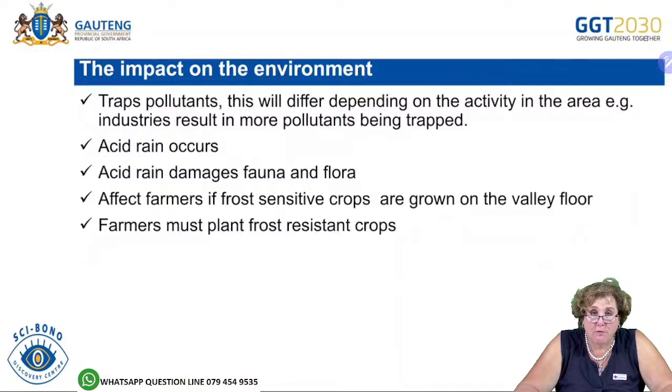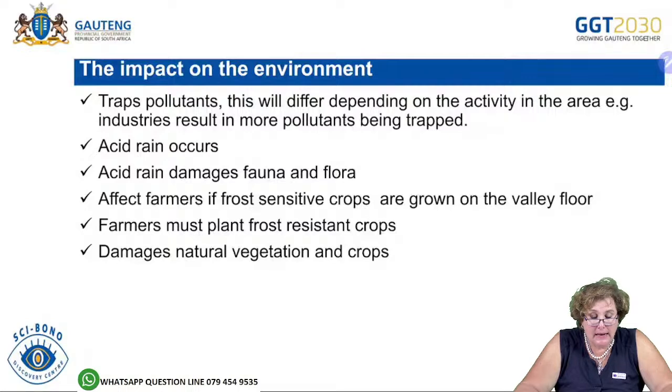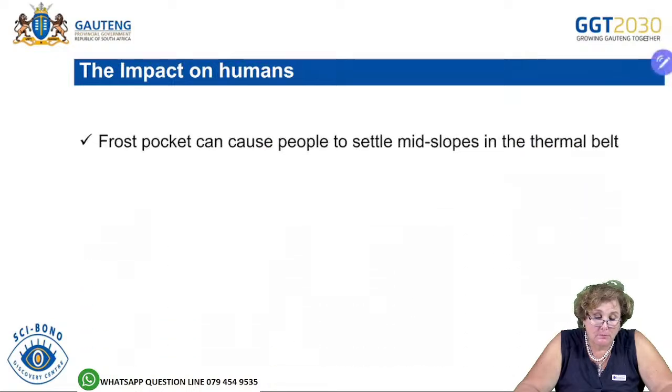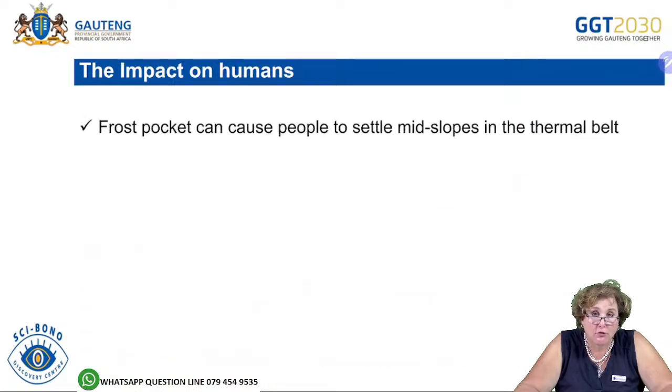Farmers therefore must plant frost-resistant crops, crops that can grow in these cold temperatures and will not be damaged by frost. Frost damages the natural vegetation and the crops if they are there, so therefore we have to make sure that we plant frost-resistant crops.